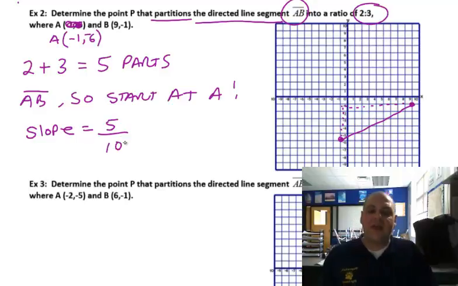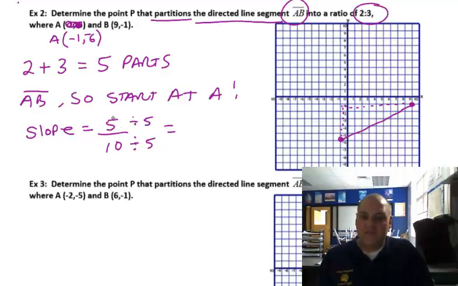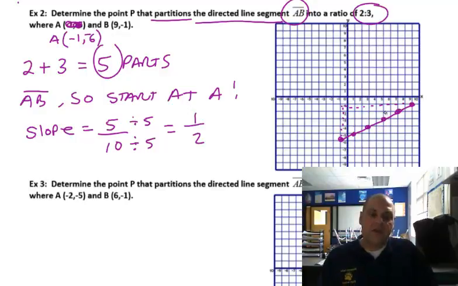The reason I'm doing that is because I need 5 parts and I go up 5, so each part is going to be up 1. So I'm going to divide that by 5 and divide that by 5. If I divide by how many parts I need, that's going to be 1 over 2. So I'm going up 1 over 2, up 1 over 2, up 1 over 2. And there it is. I divided it into 5 equal parts.